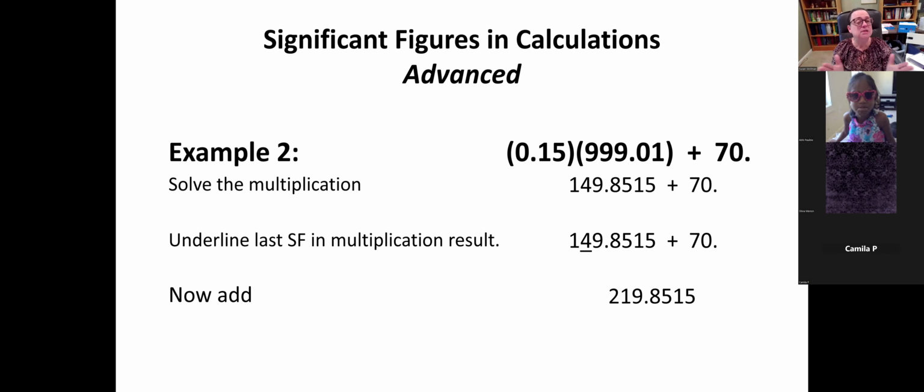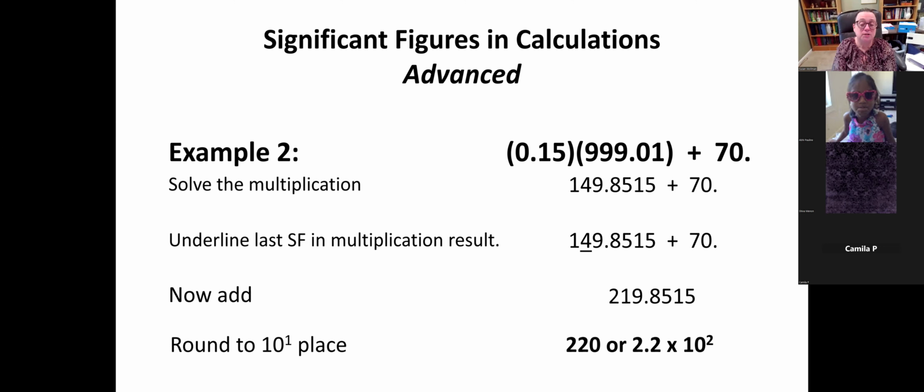So we want to keep the same size. So there's a 0 that we have to add on there. That's not significant, right? So there's no decimal point. So 220 would be how we report this one. So kind of like the last one when we rounded to 2 significant figures, we ended up with 160. This one we have to round to 220, or you could put it in scientific notation. 2.2 times 10 to the 2.